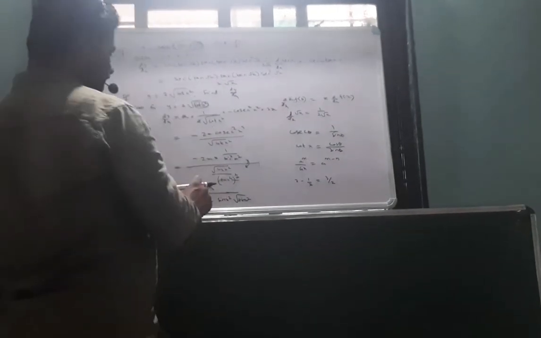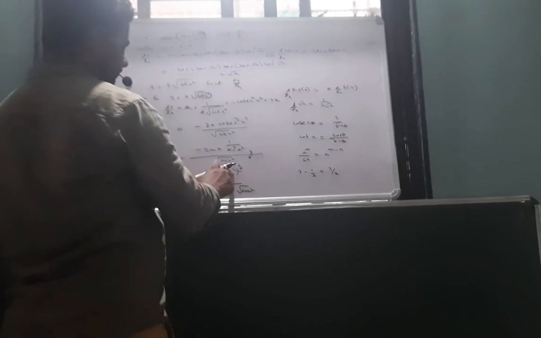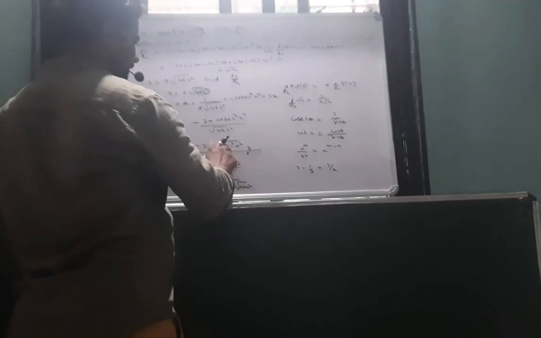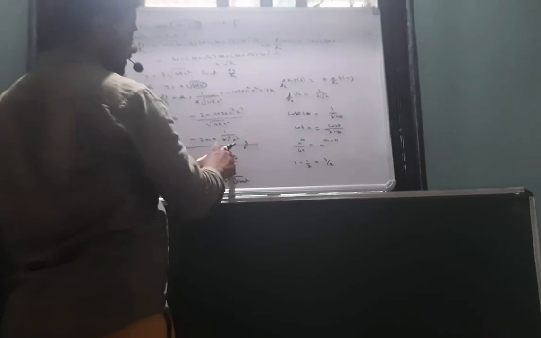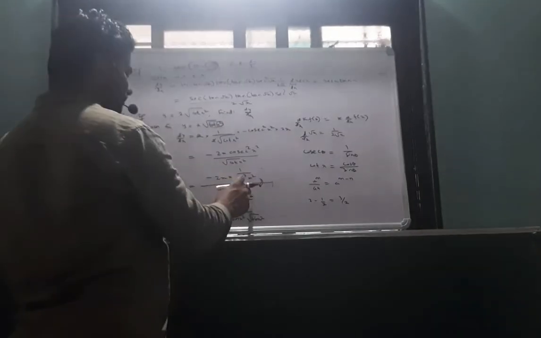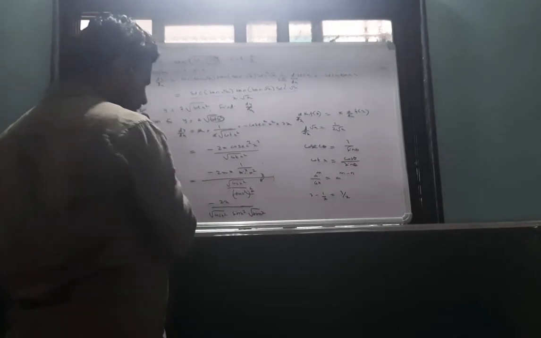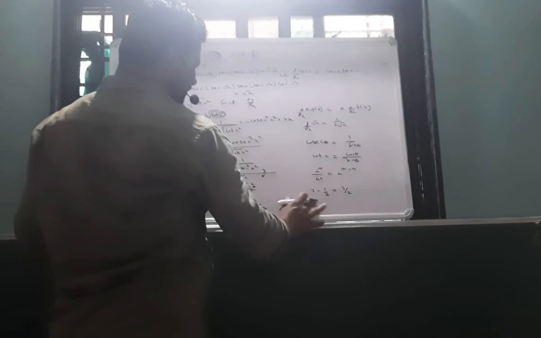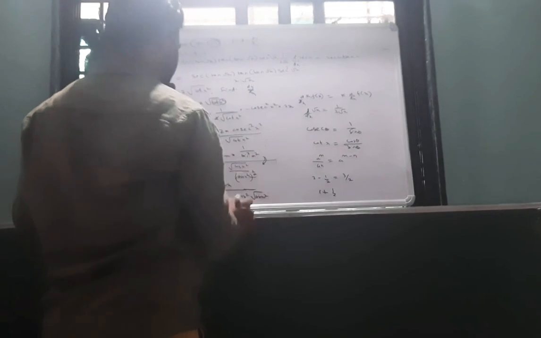Here m is 2 and n is 1 by 2, so a raised to m minus n is 2 minus 1 by 2, that is 3 by 2. 3 by 2 can be written as 1 plus 1 by 2, so the power is 1 and 1 by 2.